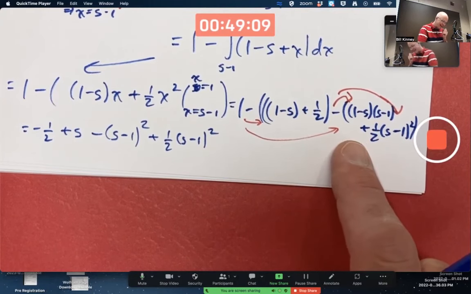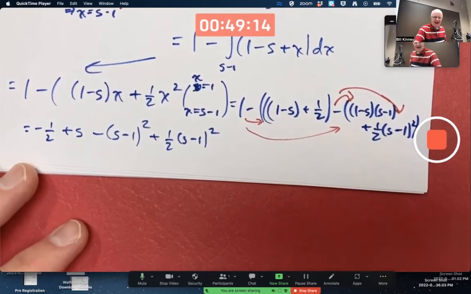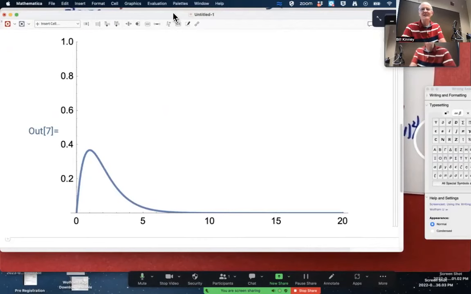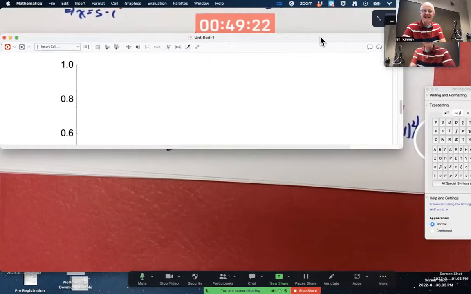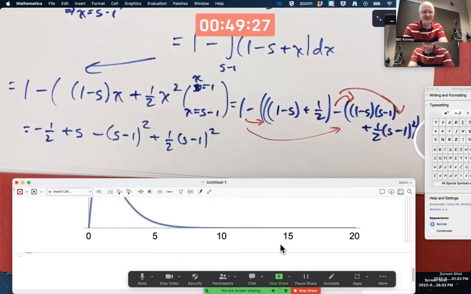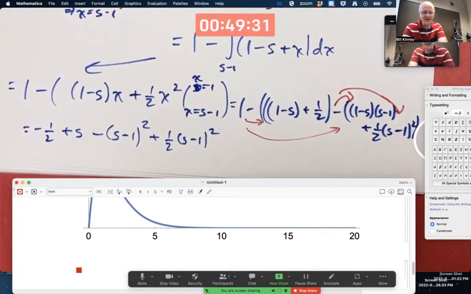Mathematica. I want to make sure I get this right. Mathematica. Okay. We had students begging for Mathematica here. So let's see. It's just too easy to make a mistake here. Oh no, what's it doing? 1 minus in parentheses. What is it doing?